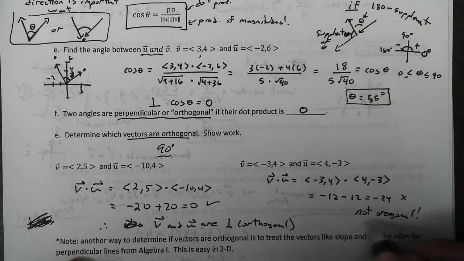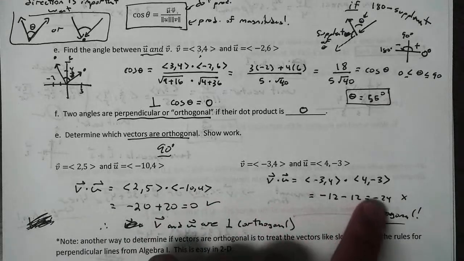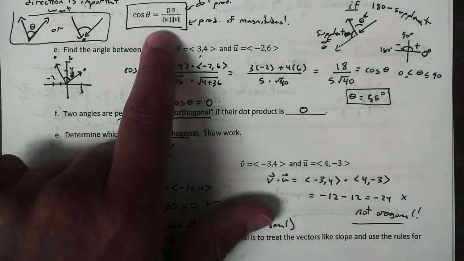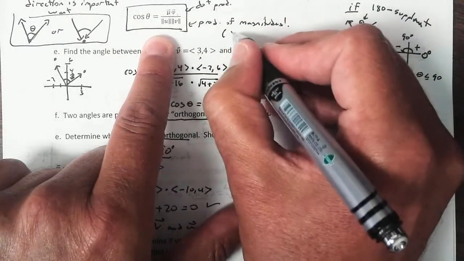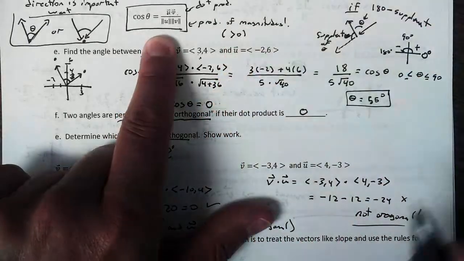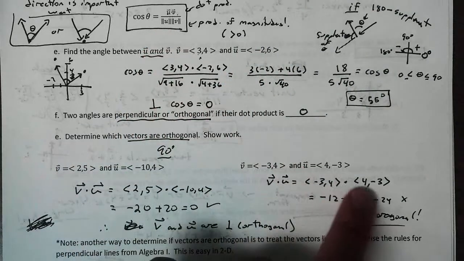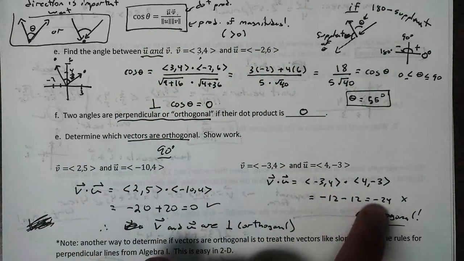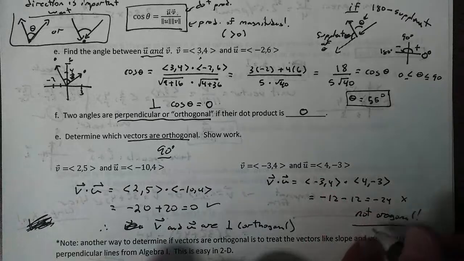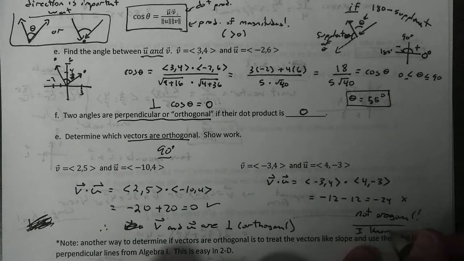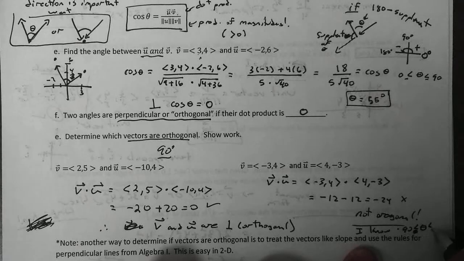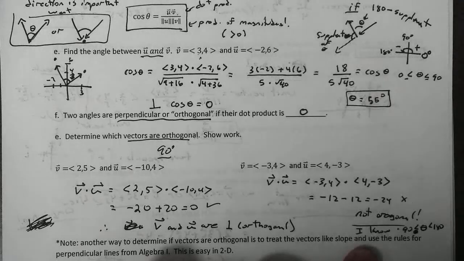But I do know something. It's not orthogonal, but take a look. Now the bottom is always going to be positive. See, the magnitude is always going to be greater than 0. So my dot product is negative. So even though I know this is not orthogonal, I know this angle theta is between 90 degrees and 180 degrees.